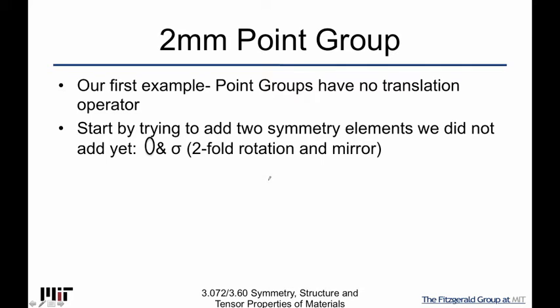So let's imagine that I have, indeed, the twofold operation here, rotation. And I'm going to add a mirror plane that we're going to call sigma 1. Okay? Now let's draw a motif around this. So if I draw this guy here, he's going to be reflected across this mirror plane, right?